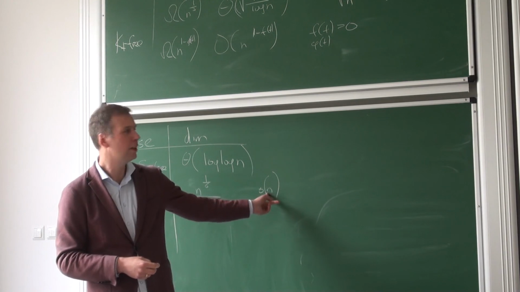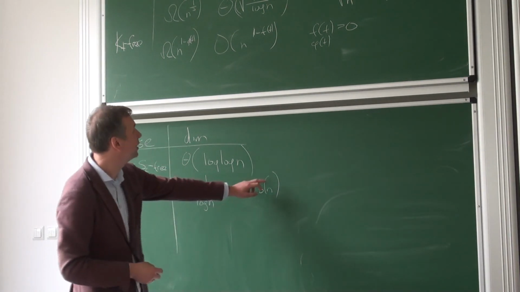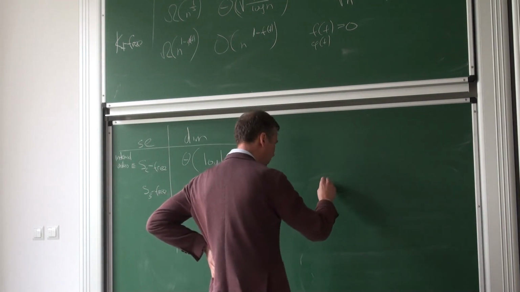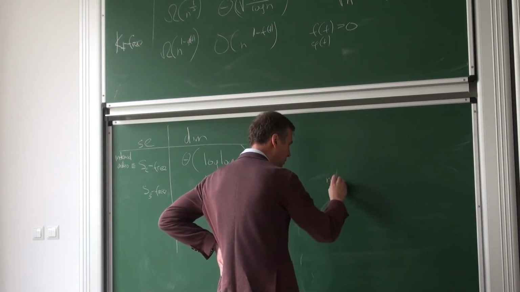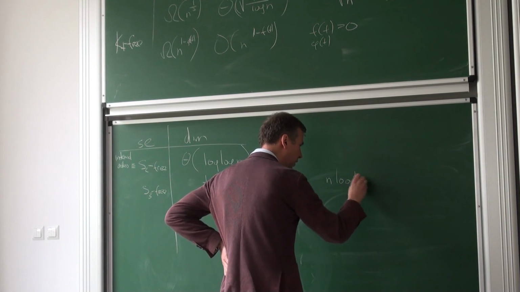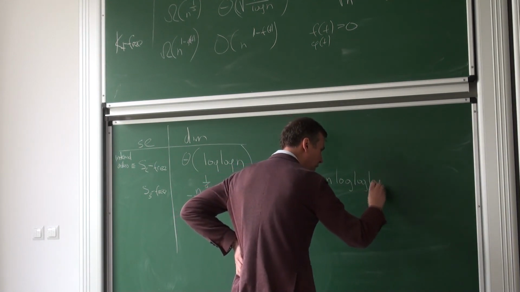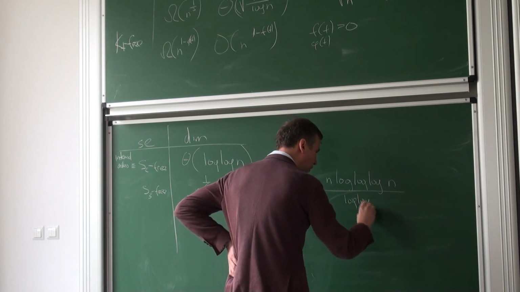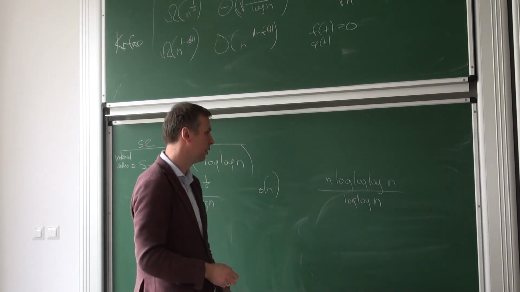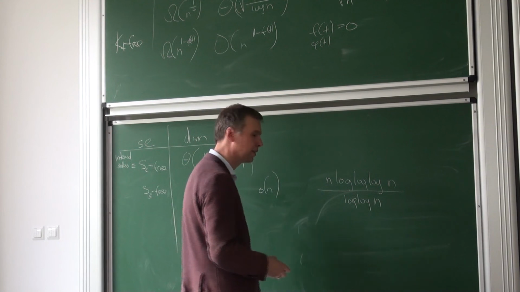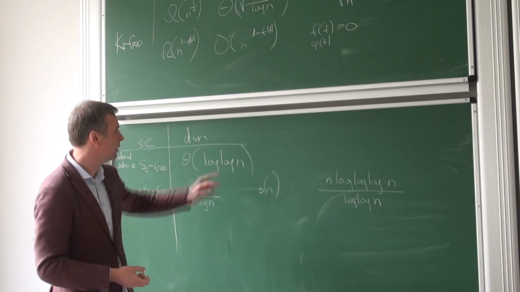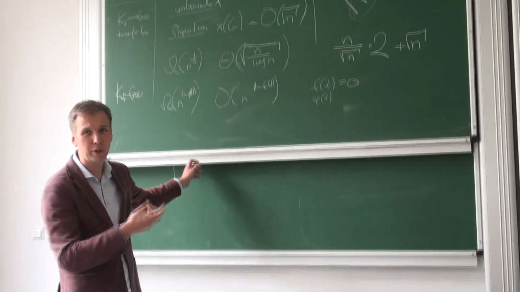To understand the difference between this and this, let me tell you what I believe is the asymptotics in the S_3-free case. This is n times log n over log n. Well, yes. This is what we're going to see next time.